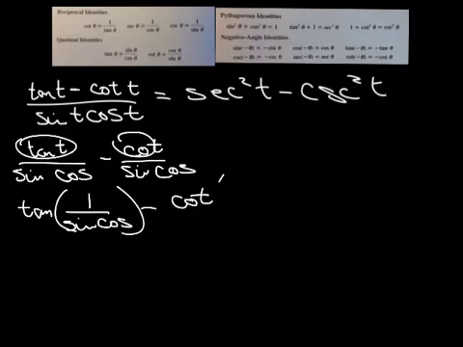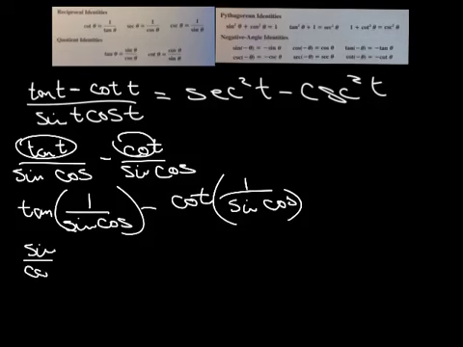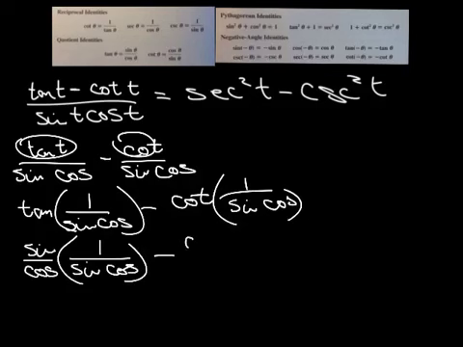So multiply 1 over, because I can write my tangent then as sine over cosine, and my cotangent I can write as cosine over sine, like that.